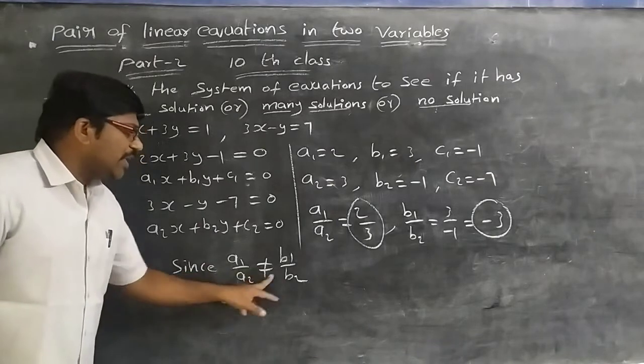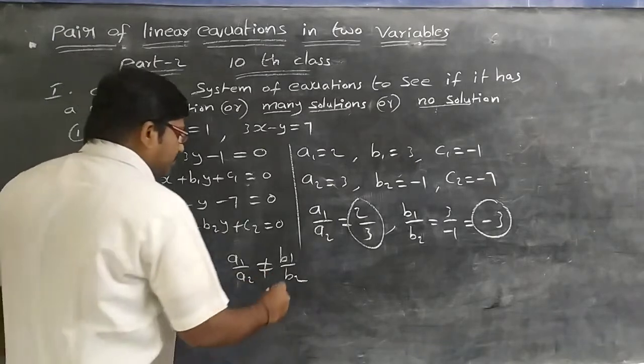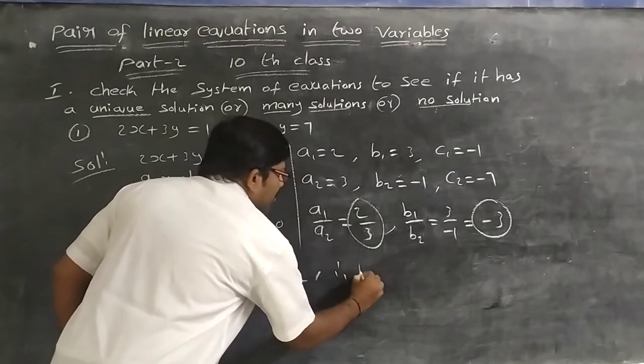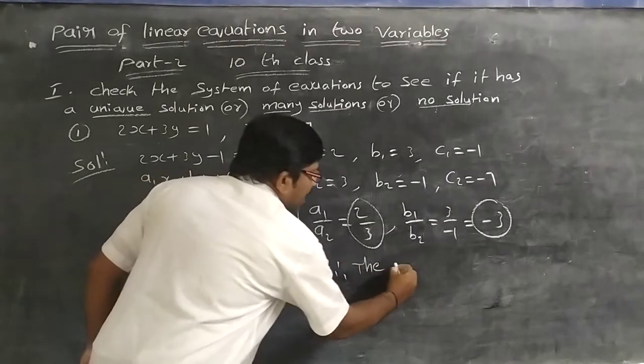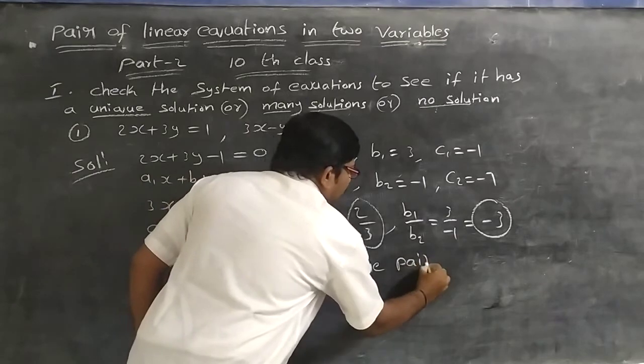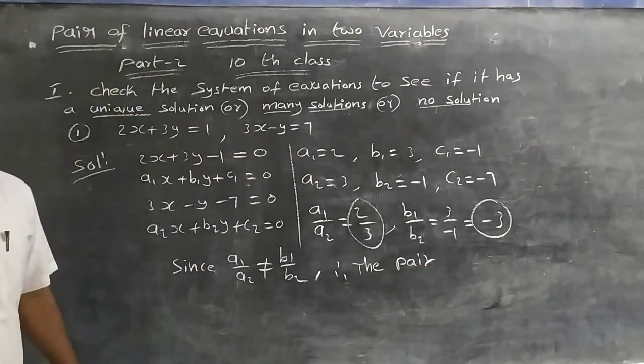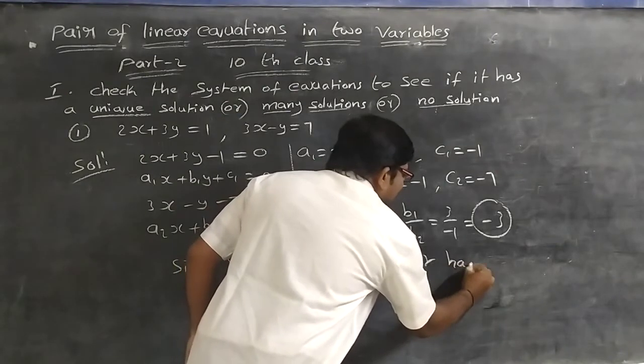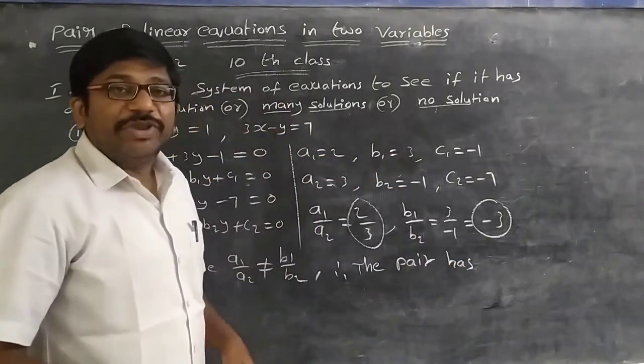Since A1 by A2 does not equal B1 by B2, therefore the system of equations, the pair, has a unique solution.